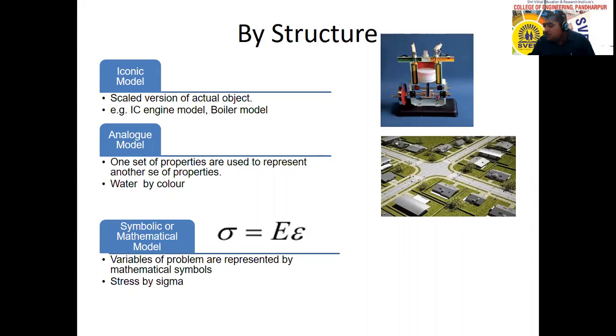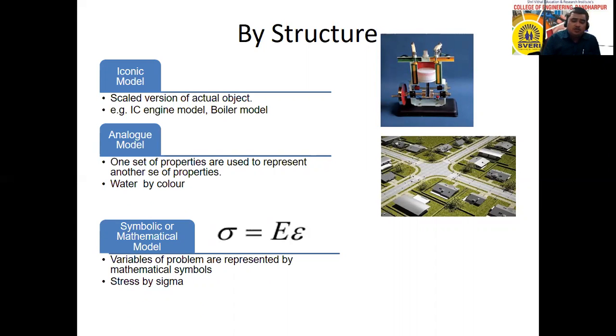Nowadays, the trend of forming iconic models is a little less because of computer work. We can prepare 3D models on the computer and test them by software itself. There is no need to prepare an actual model, but still actual models are prepared. Similarly, in some organizations you will find a building plan in a glass box.